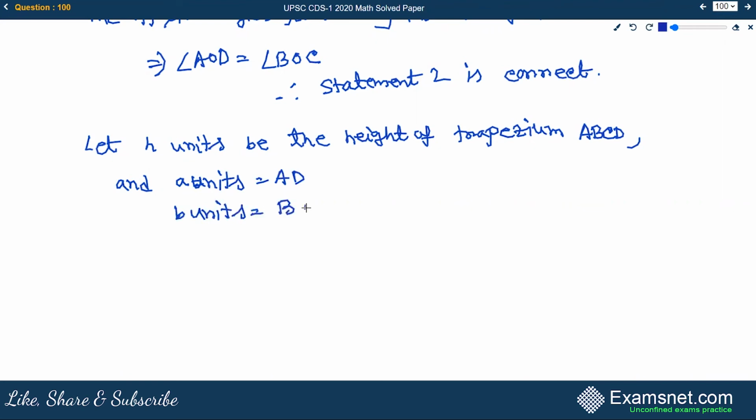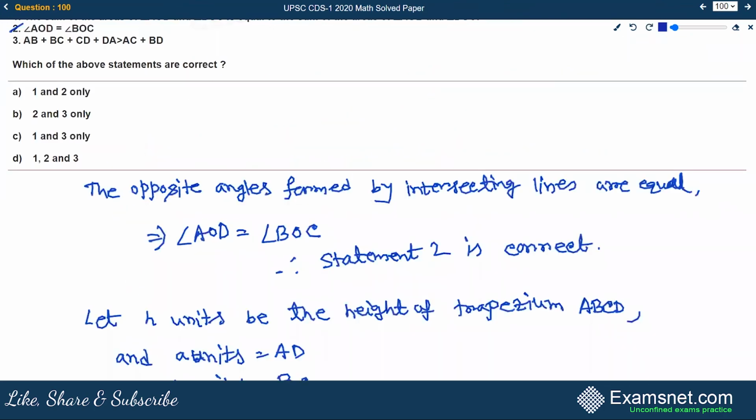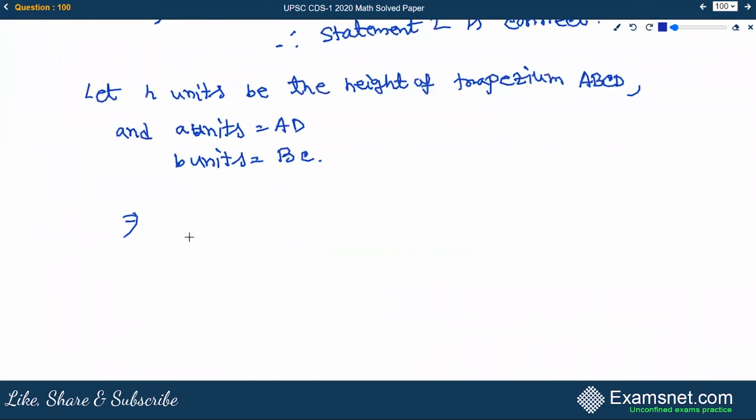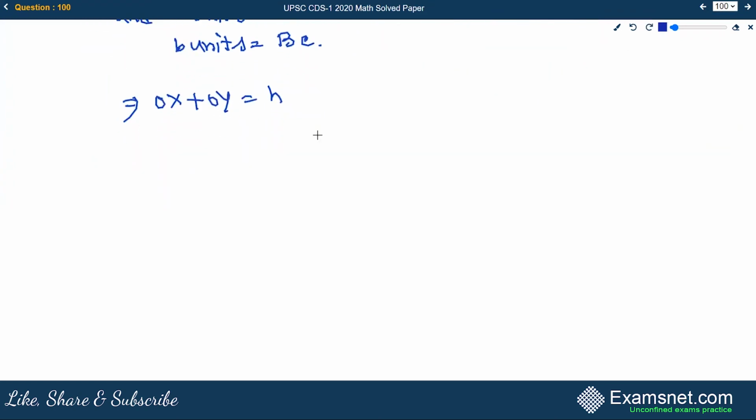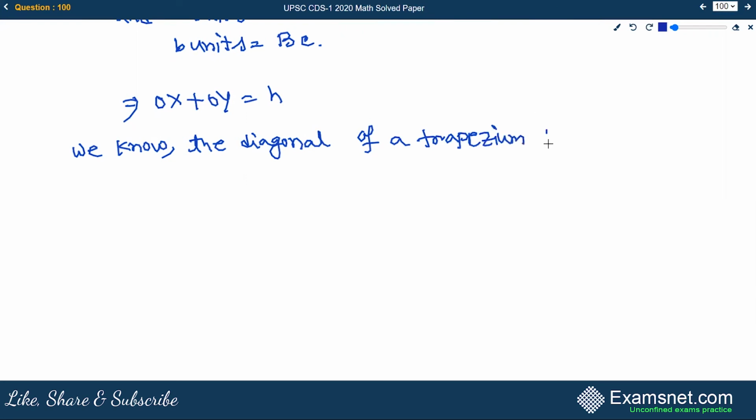So here we can say that OX plus OY, that is H units, is the height. Now, since we know the diagonals of a trapezium divide each other in proportion.